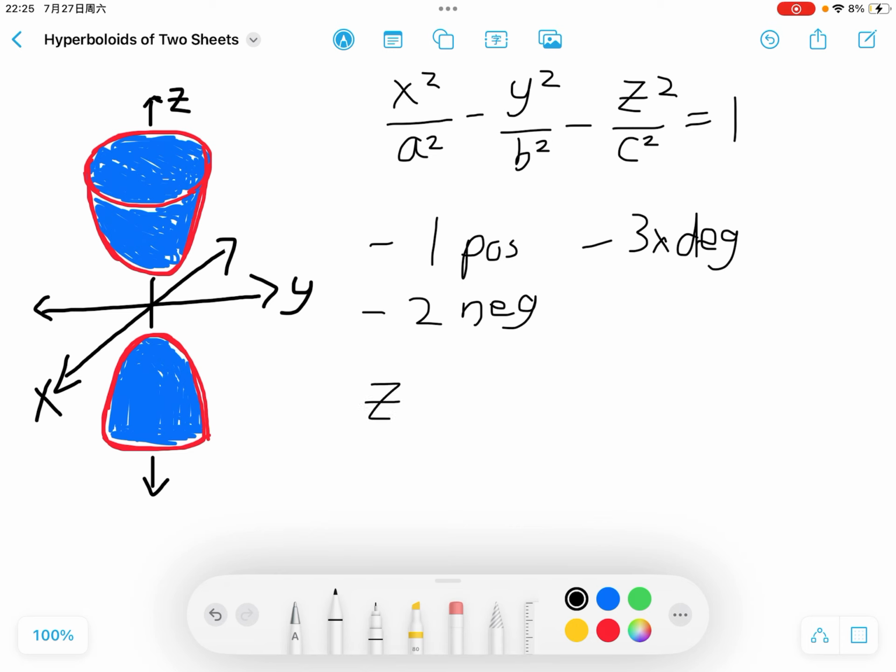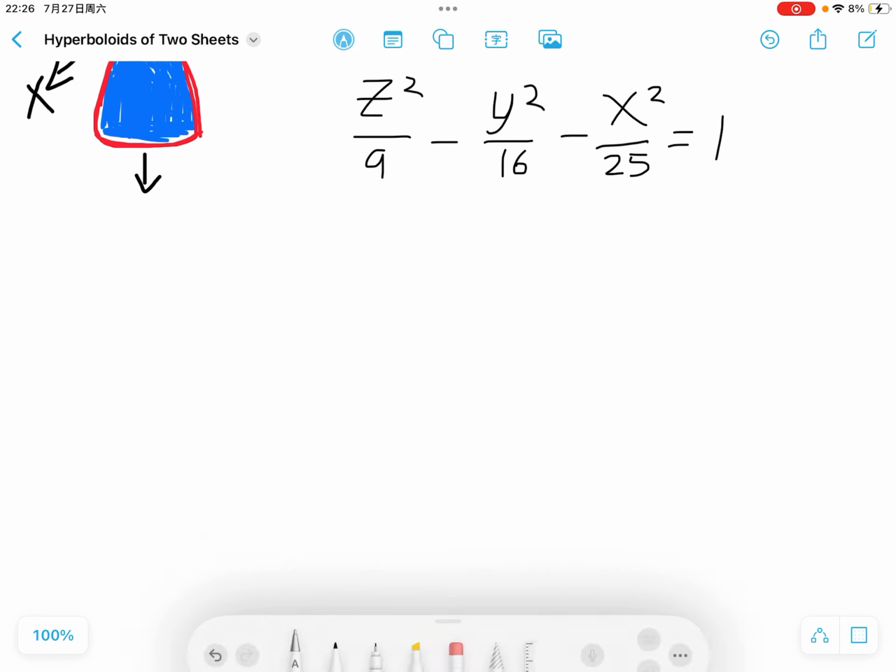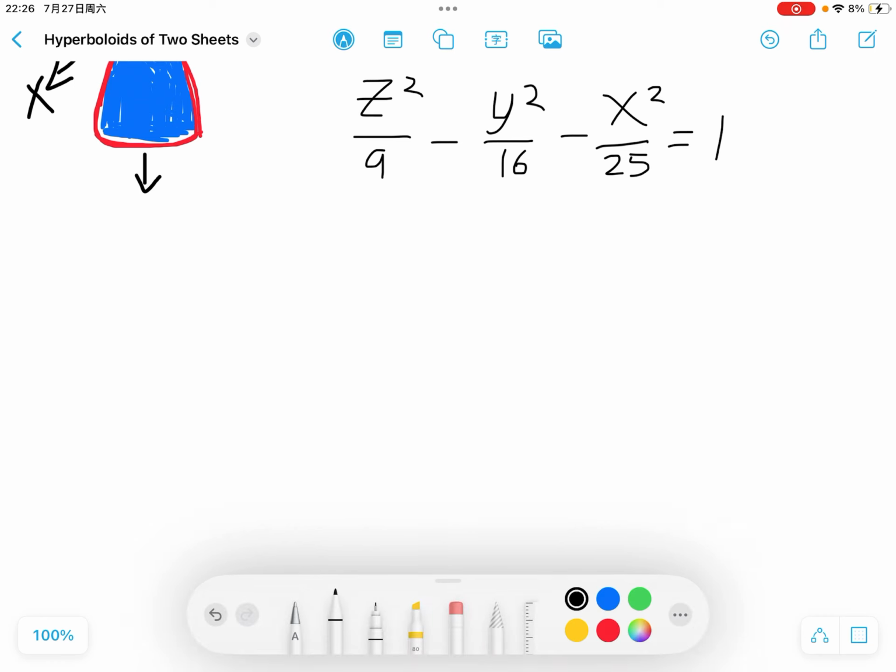So z squared over 9, minus y squared over 16, minus x squared over, let's say, 25, and that's equal to 1. So that's obviously an equation of a hyperboloid of two sheets. We can use traces to graph that. If you don't know what traces are, you can look at the video about hyperboloid of one sheet.